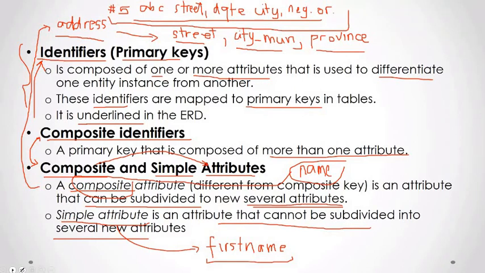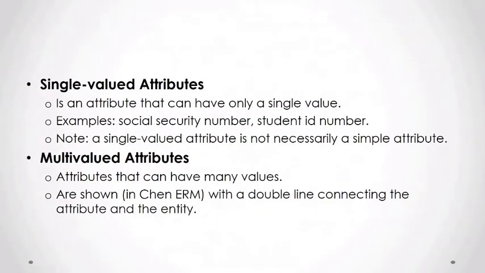And then next, it's still about an attribute. We have a single valued attribute, and the other one is a multi-valued attribute. So what is the difference?